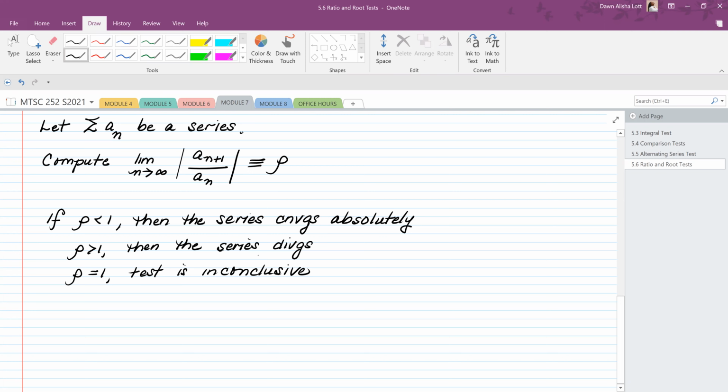So the ratio test, whenever you see factorials, those are the best ones to use for the ratio test. So this test, it is very useful and best suited for factorials.